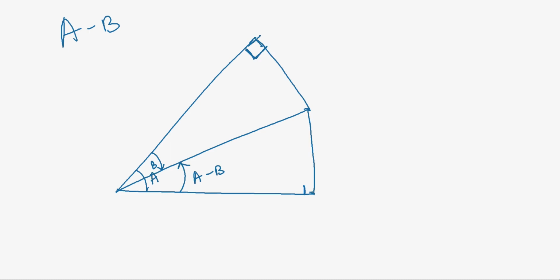Then we got the point. This will be our one right angle, and come down. This will be our another right angle. Now this whole thing is A. Then complete this also. This is A, this is 90 degrees, this will be 90 minus A. As this is 90 degrees, this will be our A.